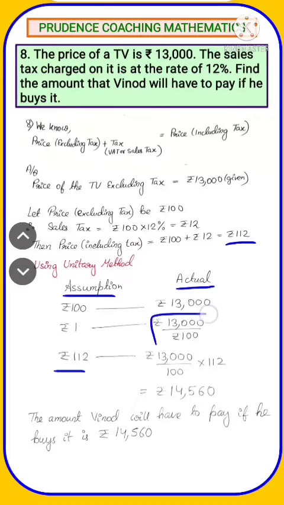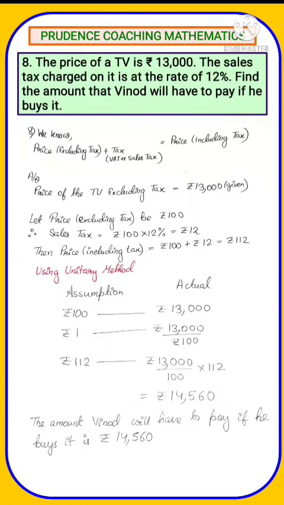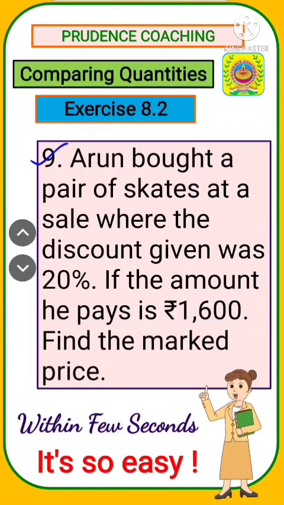So we have found the value of 1 unit in actual. If we multiply 1 unit into 112, we will get the actual amount, that is rupees 14,560. So the amount Vinod will have to pay if he buys it is rupees 14,560.